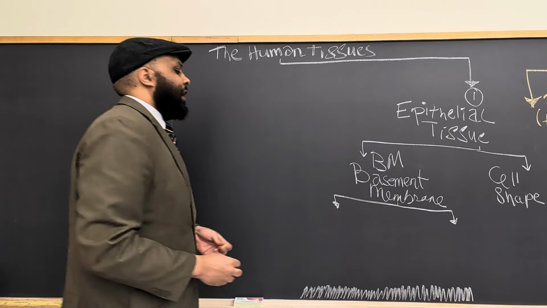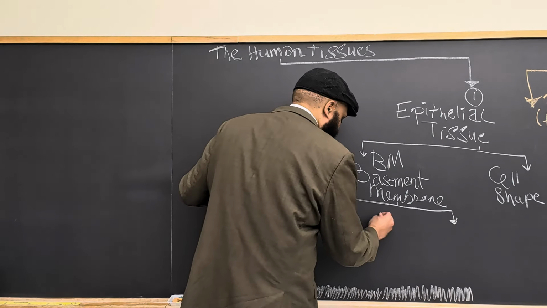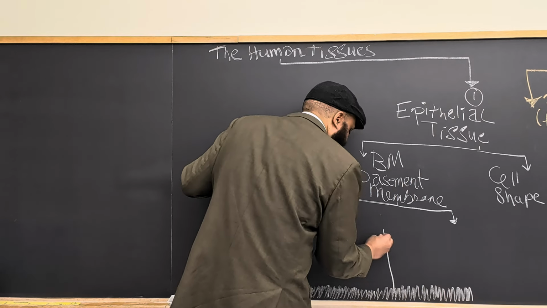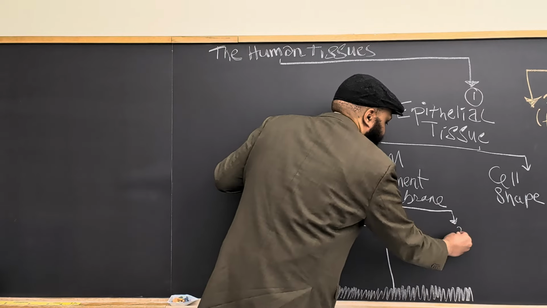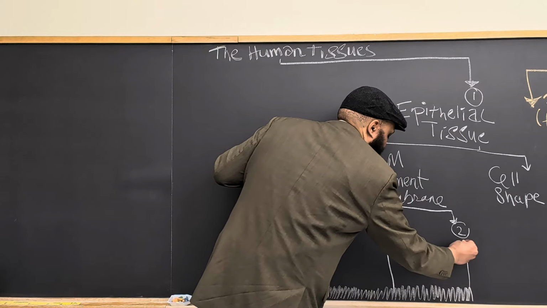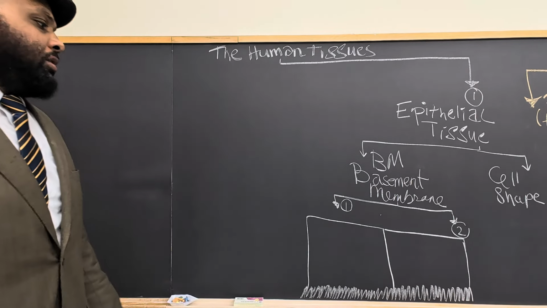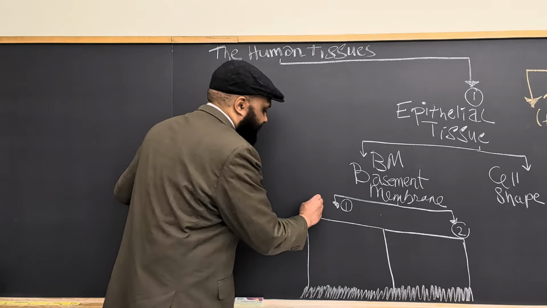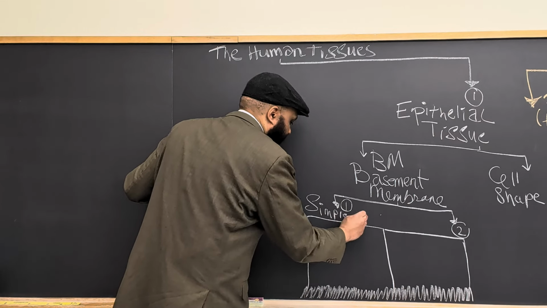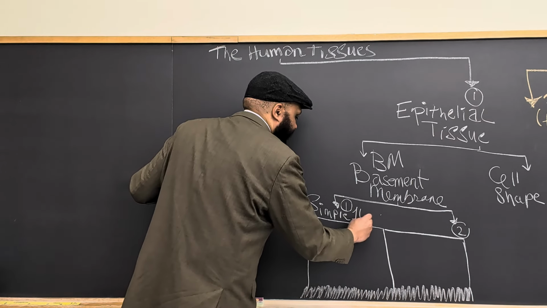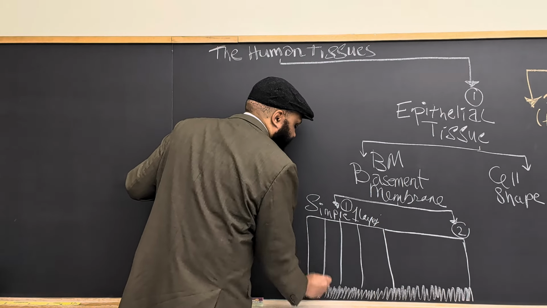And you know that the basement membrane, you have two different structural arrangements. That's number one, and that is number two. Number one is known as simple. Simple because it is only one layer. So you have one layer of cells attached to the basement membrane.